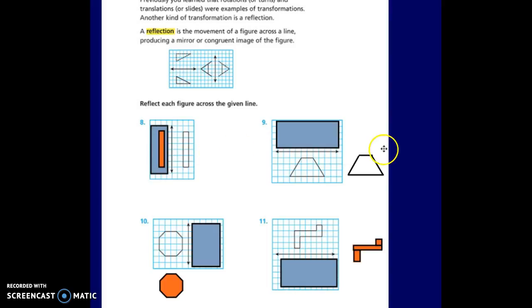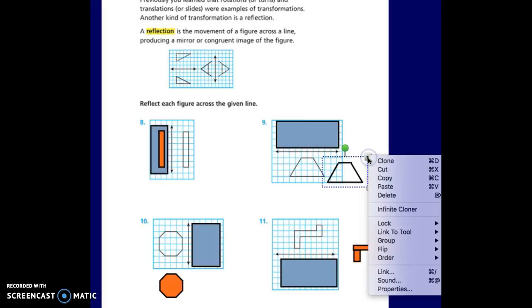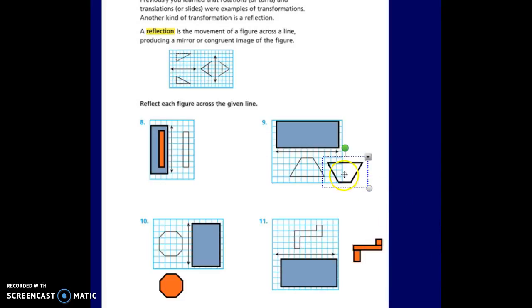All right. How about this one? Now I can't just slide this one up. That would be a translation. I can't just go like this and slide it up. I'm going to actually have to flip it first because remember it's a mirror image. So I'm going to go ahead and flip that up and down here. All right, and it's 1 across.